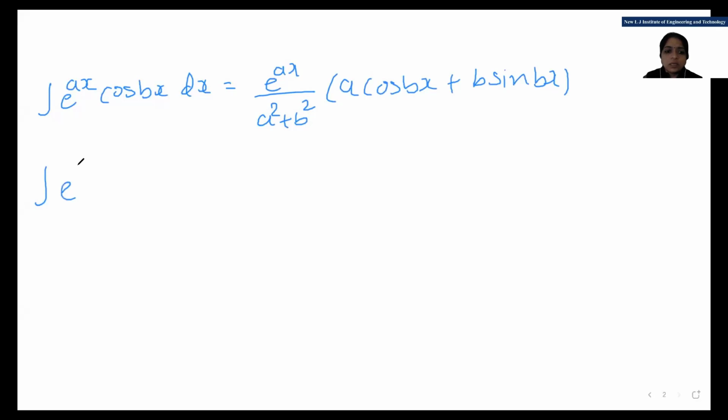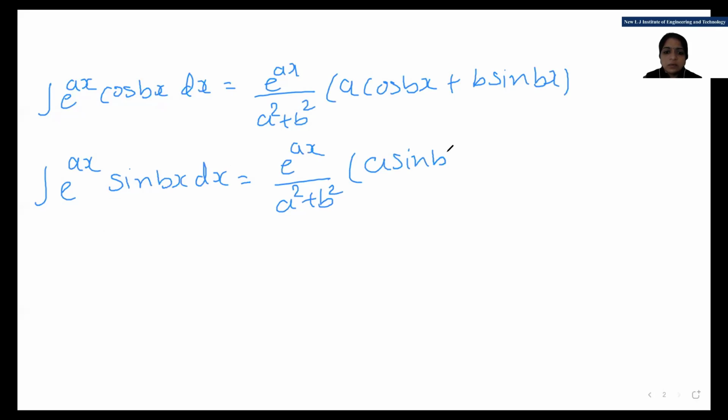And for the integration of e raised to ax sin bx dx, the formula is e raised to ax upon a square plus b square. If we integrate with the sine, then first we have a sin bx, minus sign is there, b cos bx. Good.